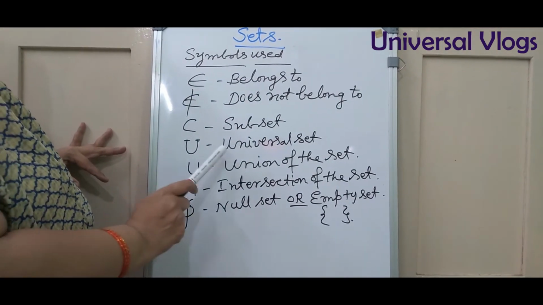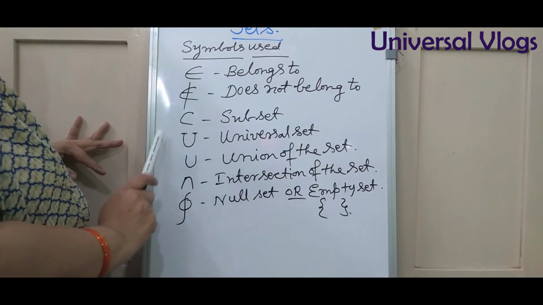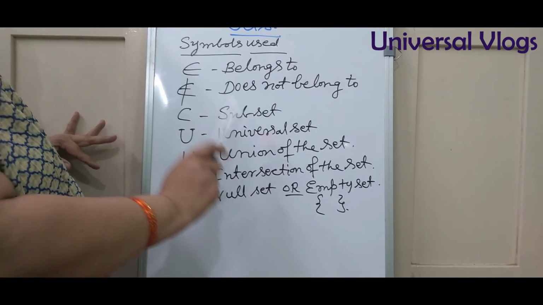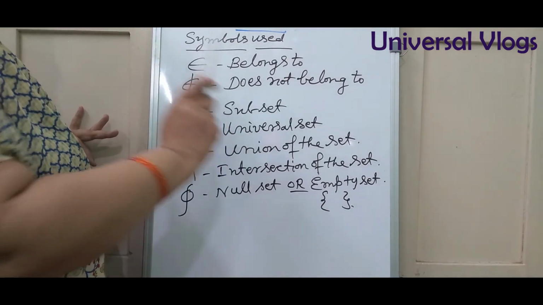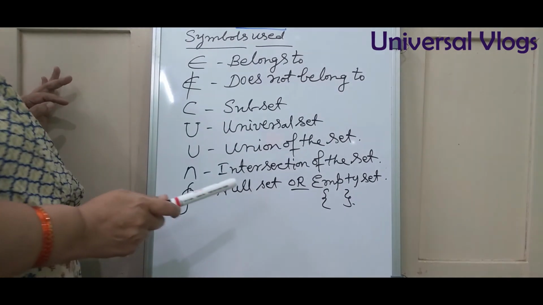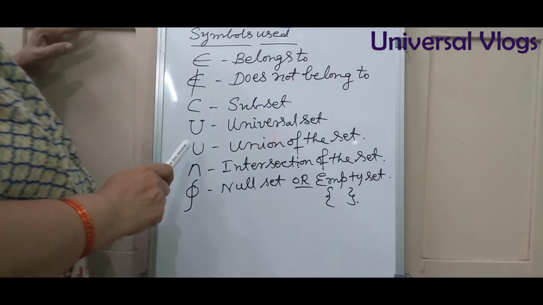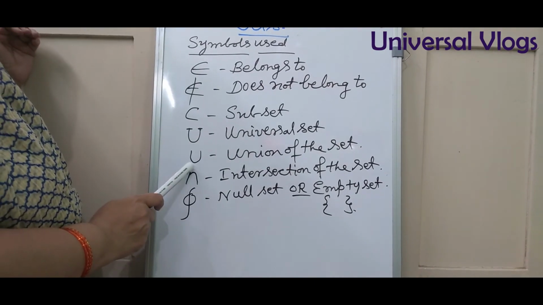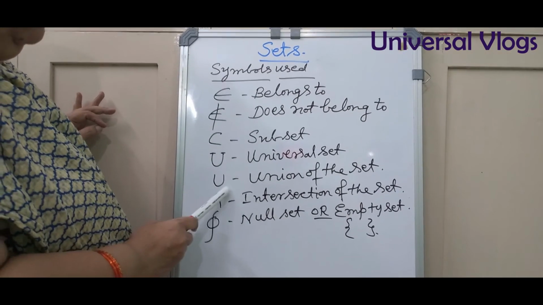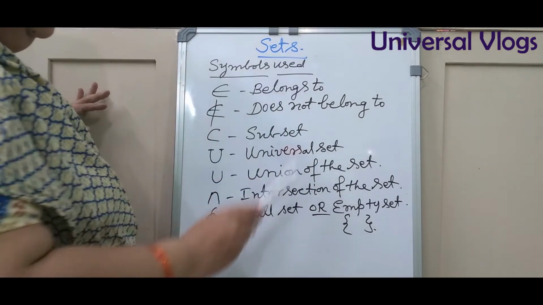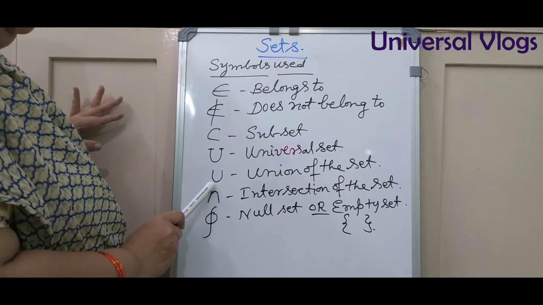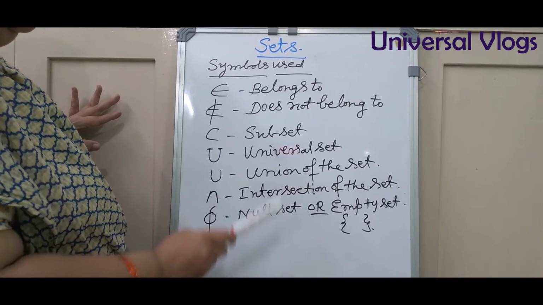And U is the universal set. Capital letter U can be used for the universal set or the main set. We also call it the main set. And next is this one, U, for the union of the sets. This is the symbol used.